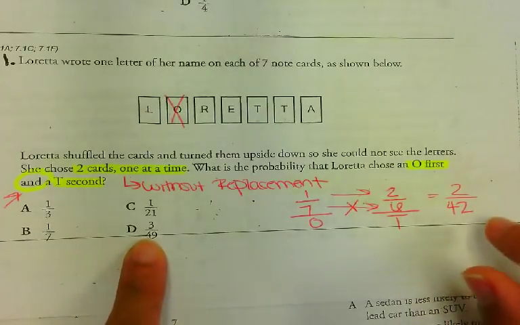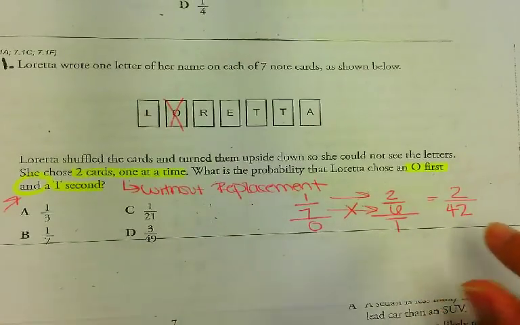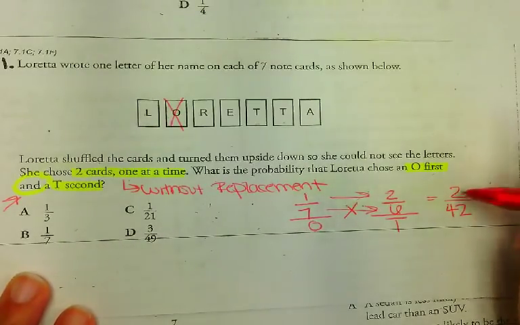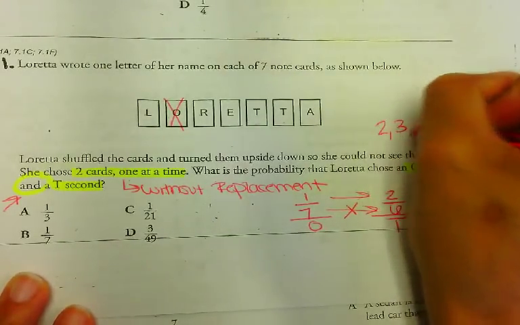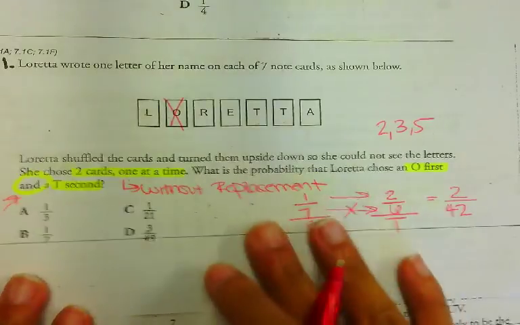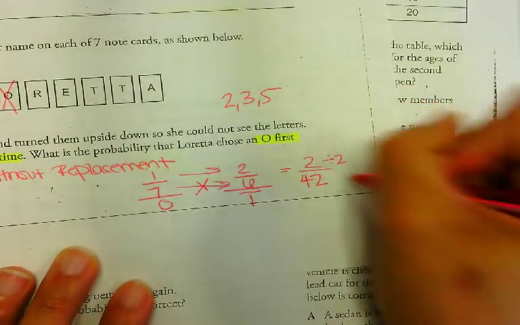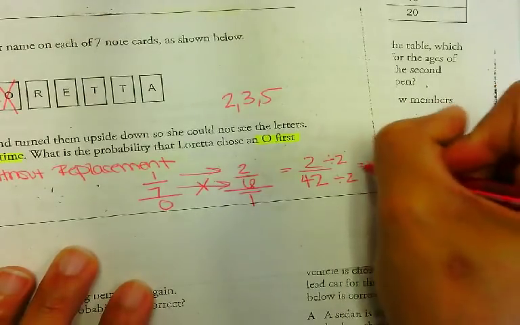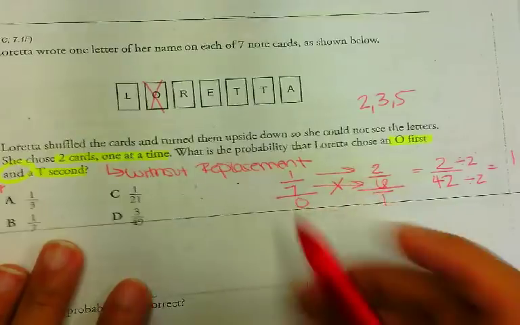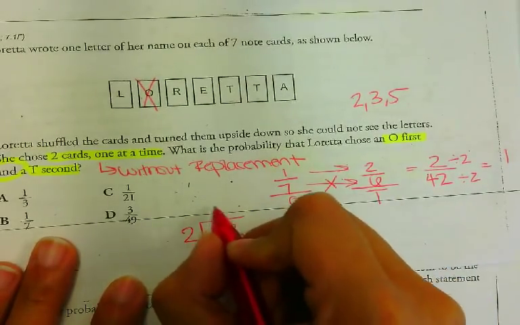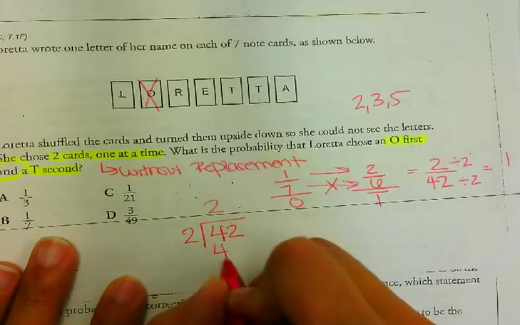See if you can simplify it first, okay? So remember, if you don't know what this simplifies by, try the number 2, 3, and then 5. So we're going to try the number 2. Well, 2 divided by 2 is 1. And then 42 divided by 2, I'm going to come over here and see if I get a whole number. 2 goes into 4 twice. 2 times 2 is 4.